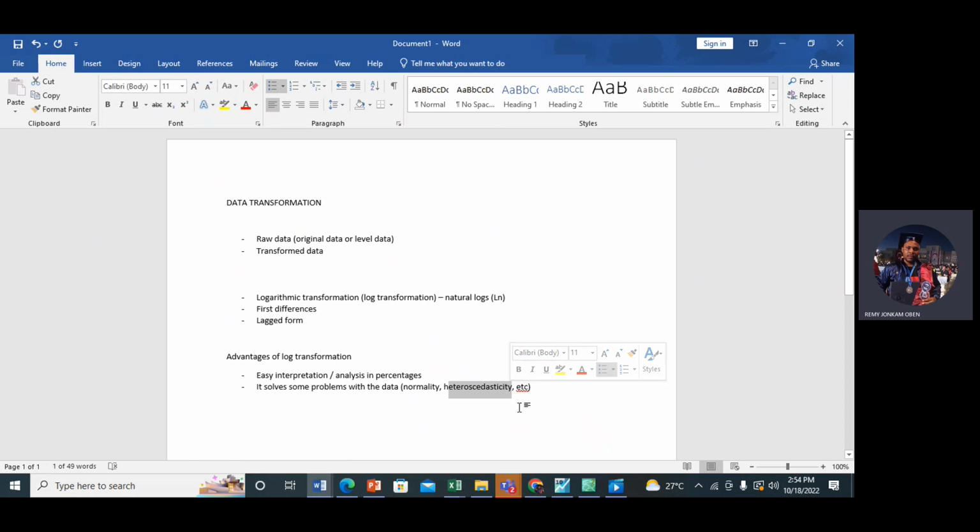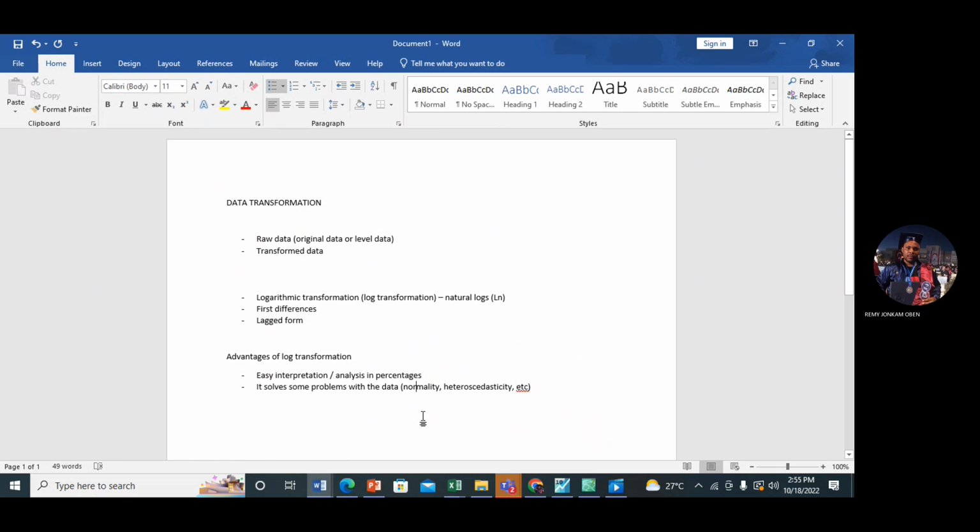If your data is heteroscedastic, it simply means the variance of the error terms is not constant. So if we take the natural logarithm of this data, if we do log transformation, it might solve this problem. It is not a guarantee. We can still take log transformation and it does not solve the problem, but at times it helps.